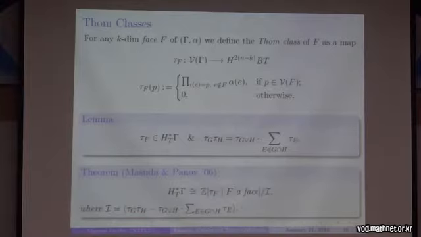So Masuda and Panov then give generators and relations for these graph cohomologies, or these piecewise polynomials, where we have a generator associated to each face, the generator being the Thom class of the face, and then we quotient out by the ideal coming from this relation.